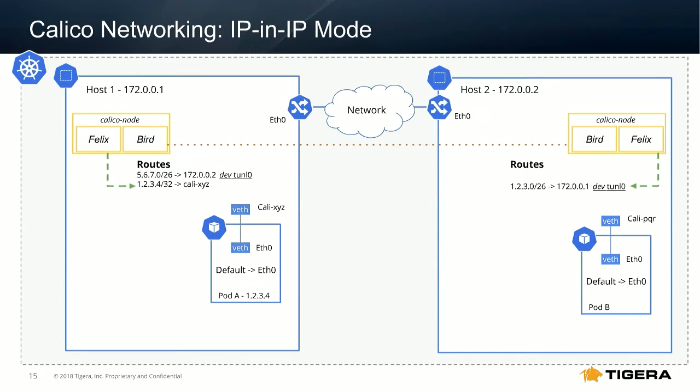Calico also has a more sophisticated and advanced capability of not using encapsulation at all and simply using normal IP addresses with no encapsulation.